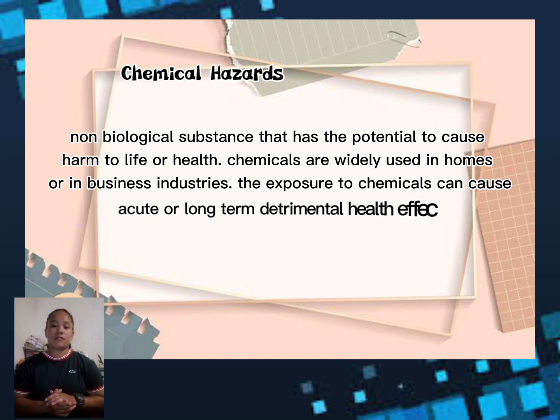There are many types of hazardous chemicals, including neurotoxins, immune agents, dermatological agents, carcinogens, and many more. In the workplace, exposure to chemicals is a type of occupational hazard, and the use of personal protective equipment, or PPE, may substantially reduce the risk of damage from contact with hazardous chemicals.